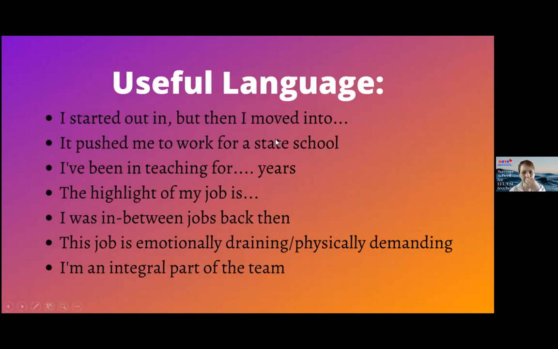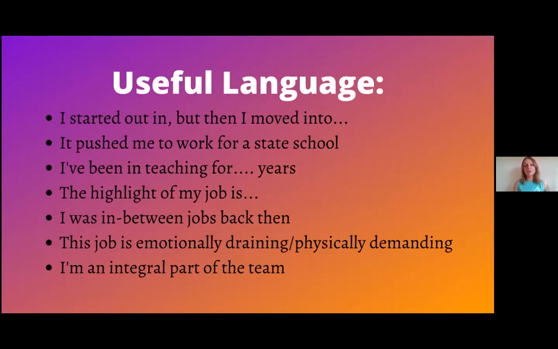Namely, when you're talking about your teaching, you could say, I started out in economics or as an accountant, but then I moved into teaching. I didn't have a lot of money and I didn't have a lot of experience, which pushed me to work for a state school. I've been in teaching for 15 years. The highlights of my job are love for kids and namely love for my profession.